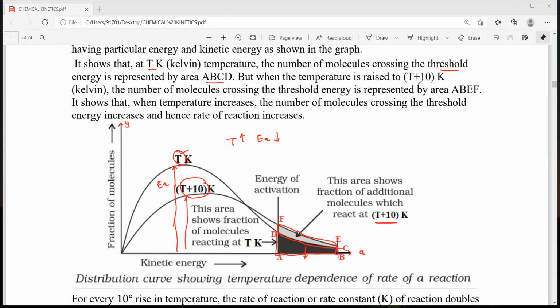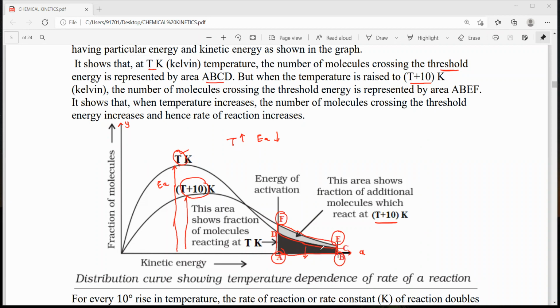Okay, if the temperature is raised by 10 degrees centigrade or 10 Kelvin, then more molecules are activated and cross the threshold energy. That area is A, F, E, B. This is the total area.